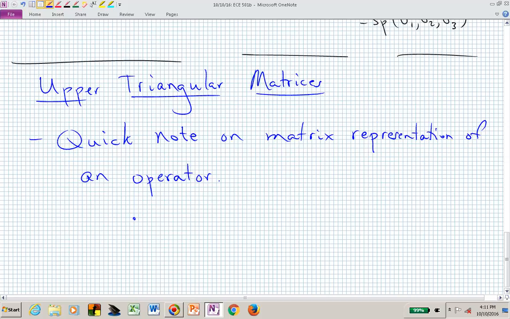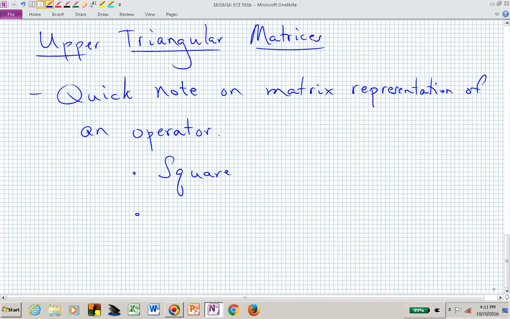It's square. What else do we know about an operator in terms of the vector spaces? It's the same. We have the same vector space in the input vector space and the output vector space. And if we have that vector space being the same, we really only need one set of basis vectors.